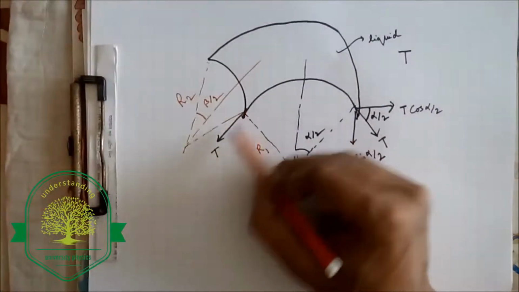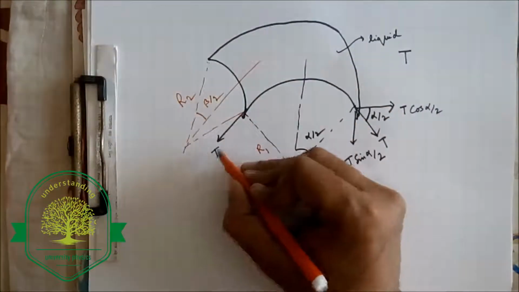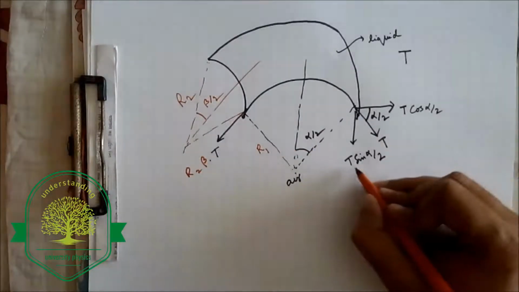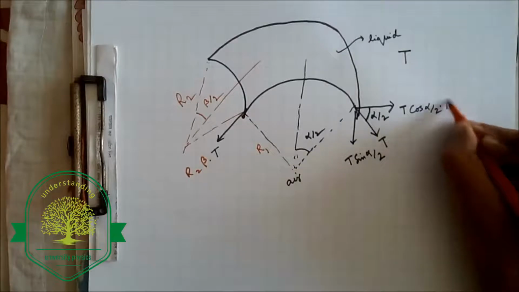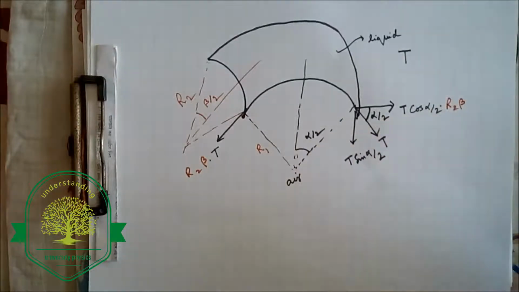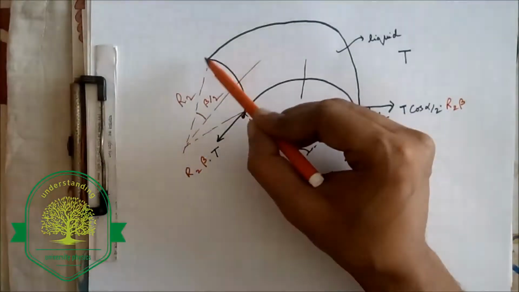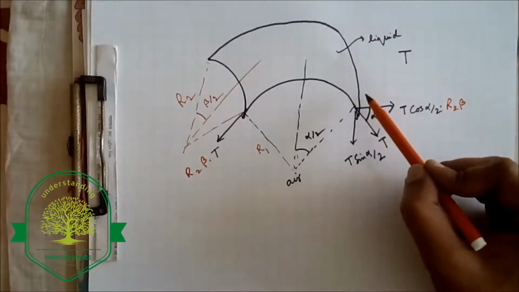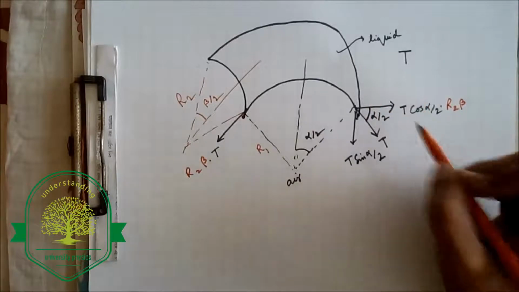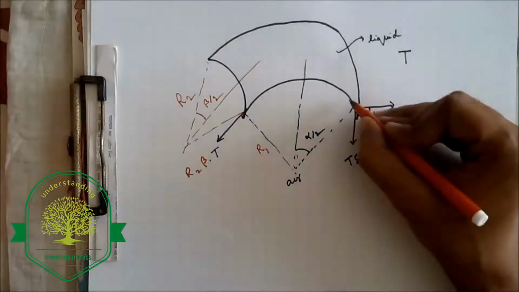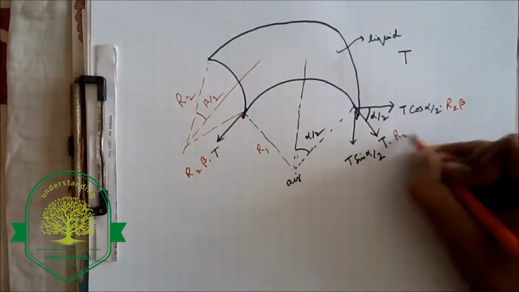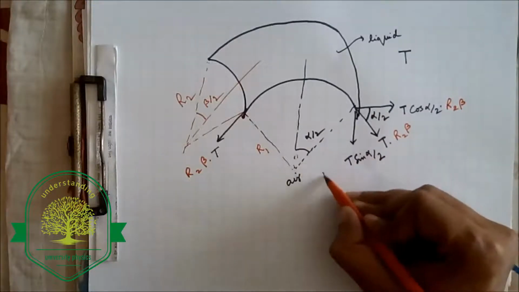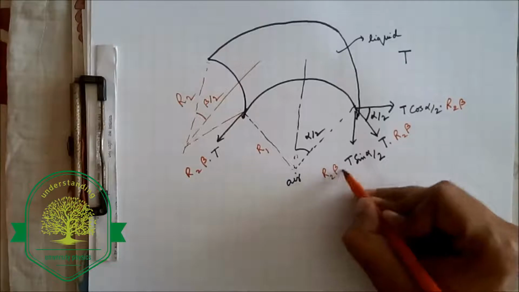So to get the net force acting on this side, I will have to multiply T with R2 beta. So all these forces will actually get multiplied with R2 beta, because we are calculating the force on these sides and we are finding out their components, and we are seeing which components cancel each other out. So T, which is like this, is also multiplied with R2 beta, and this force T sin alpha over 2 also gets multiplied with R2 beta.